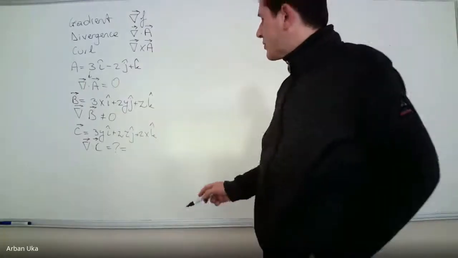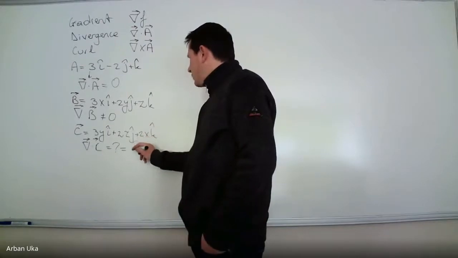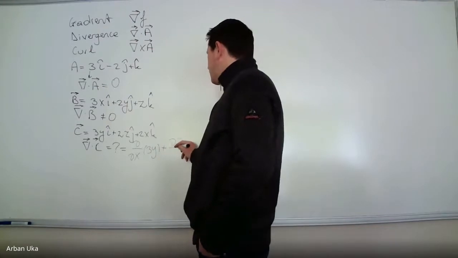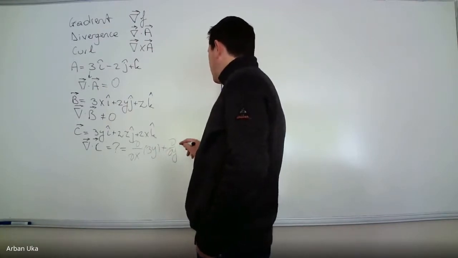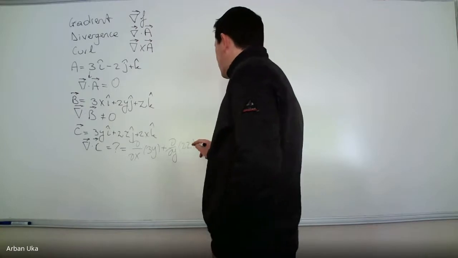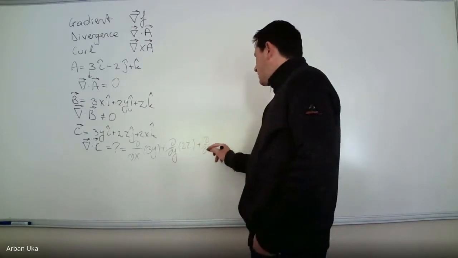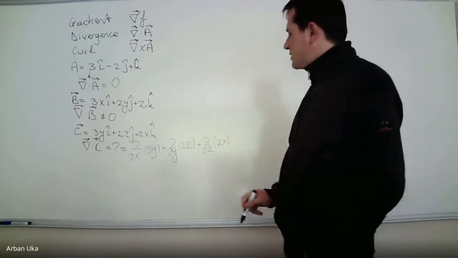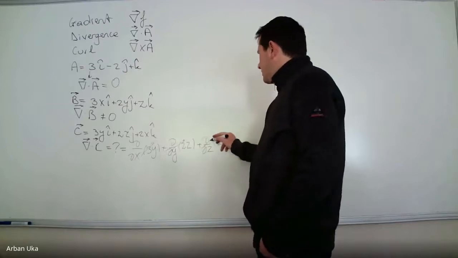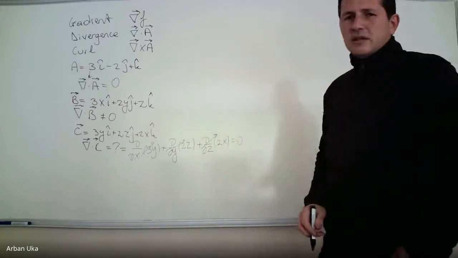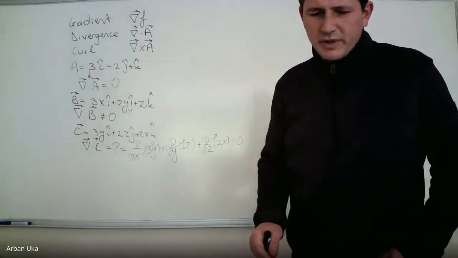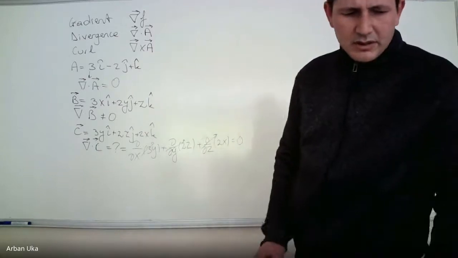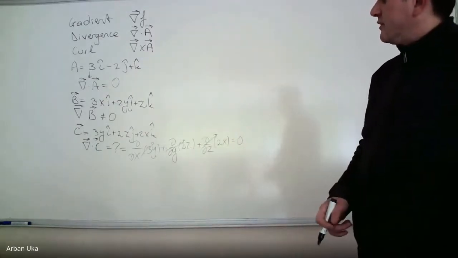That is correct, because the divergence would be equal to d over dx of 3y plus d over dy of 2z plus d over dz of 2x. So all of these would be 0, 0, 0. So even for vectors that are changing as a function of space, of x, y, and z, we still could have a 0 divergence.